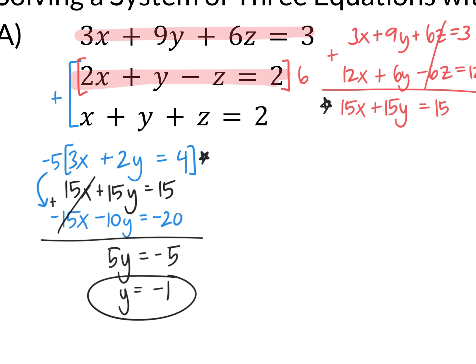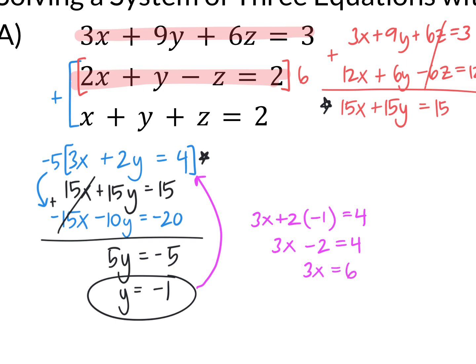I'm just going to plug it back into that equation. So I've got 3x plus 2 times negative 1 equals 4, which gives us x equals 2.